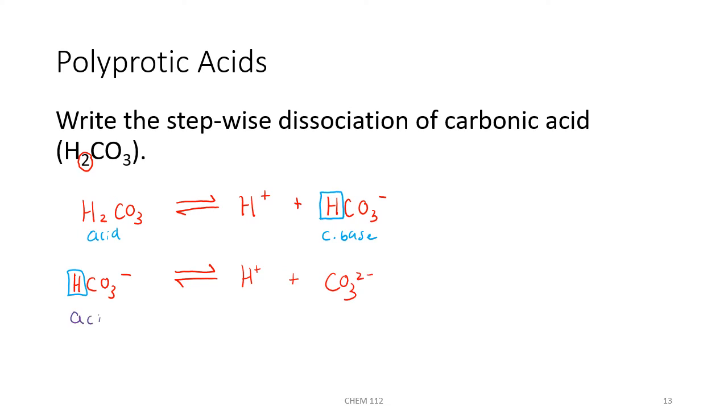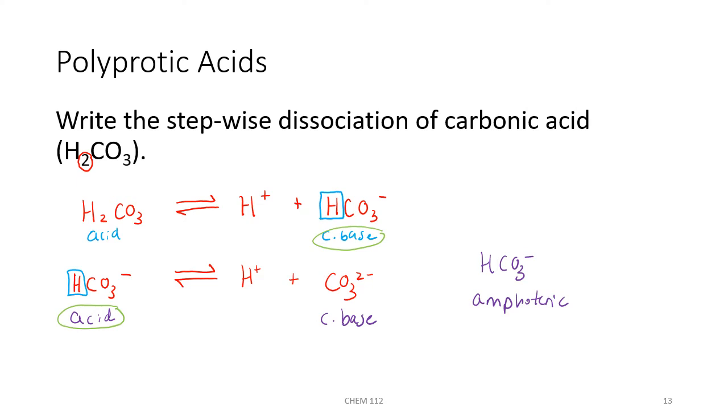So hydrogen carbonate can be an acid, and its conjugate base would be carbonate. HCO3-, the hydrogen carbonate ion, is said to be amphoteric. It's a species that could function as a base or as an acid, depending upon who it's reacting with.